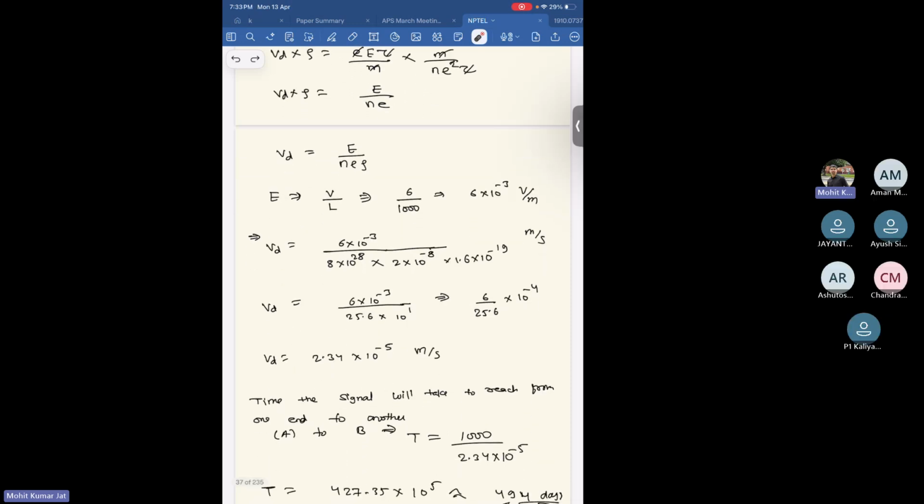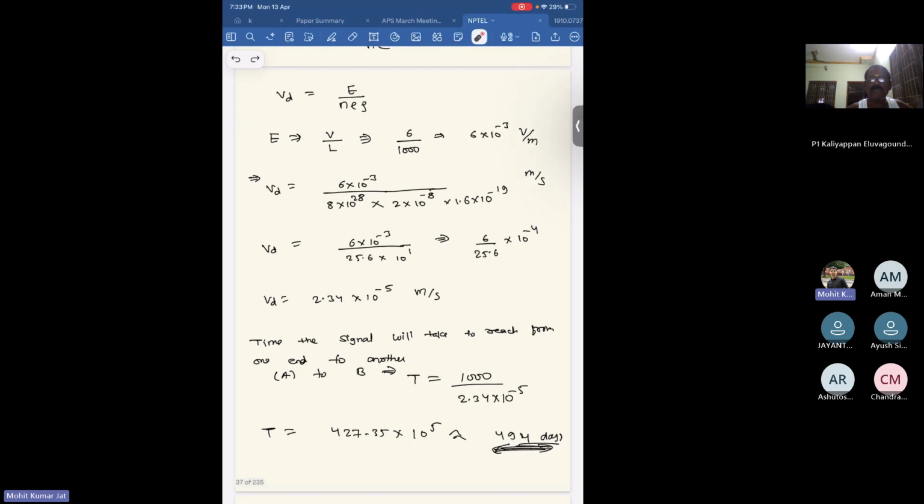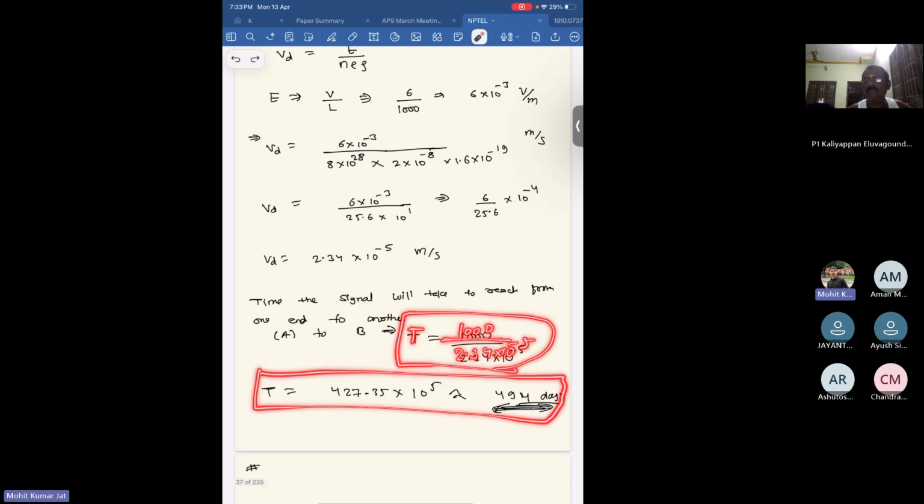And once you know the Vd, the time taken will be the distance, which is 1 kilometer, 1000 meters, divided by 2.34 into 10 power minus 5 meter per second, and that will give you around 494 days.